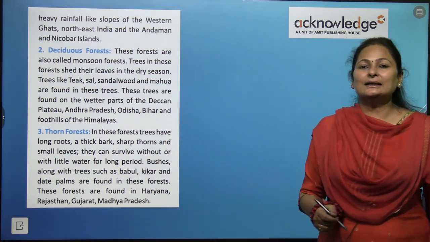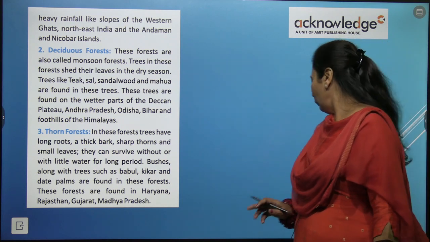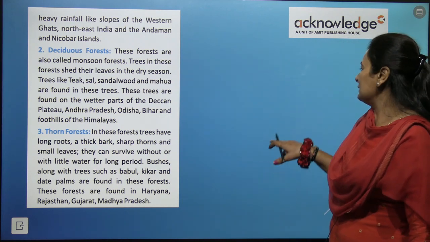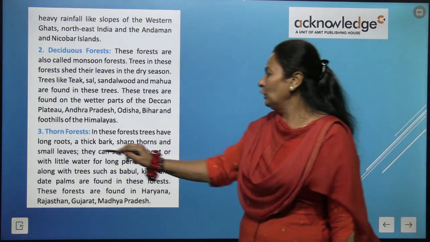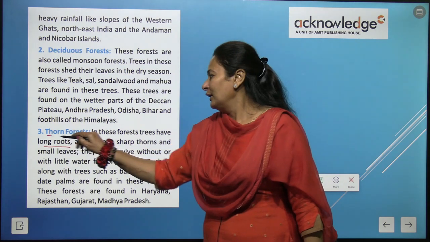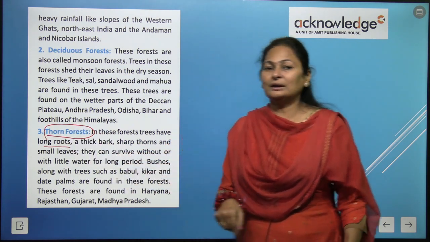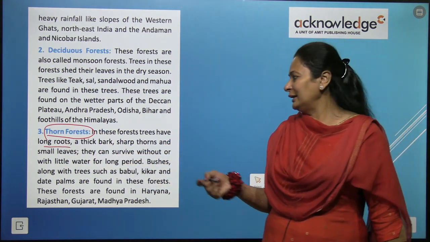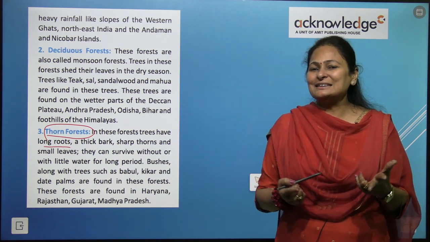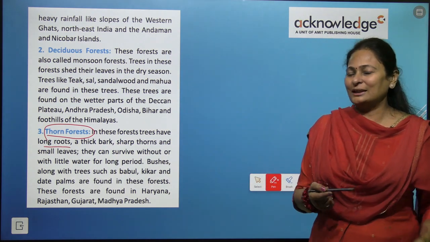So next is thorn forest. Now what is thorn forest? These forest trees have long roots. Thorn forest, as you can understand from the name thorn, right? These trees grow where there is scarcity of water.